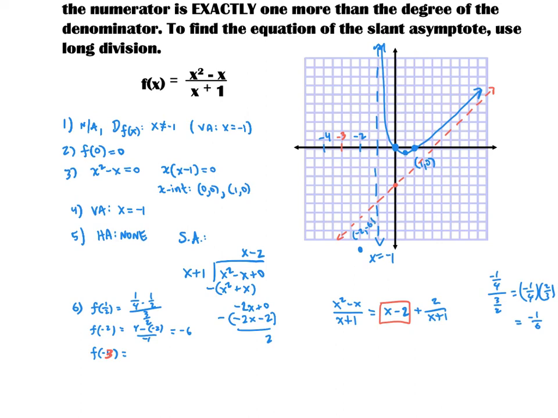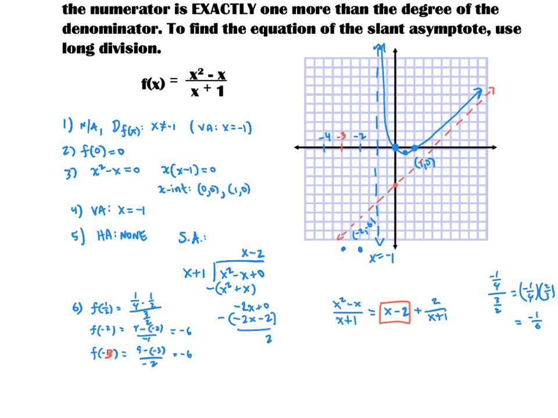Negative 2, negative 6. Oh boy, so negative 3 is going to be probably much smaller than that. That'll be 9 minus a negative 3 over, what is that? Negative 2? Yeah, okay. That'll be 12 over negative 2, which also comes out to be negative 6.